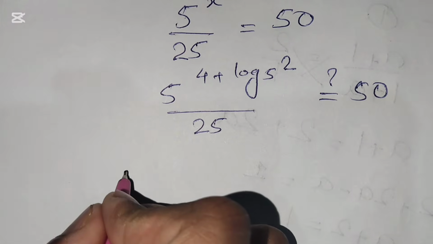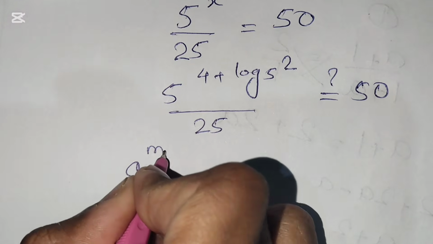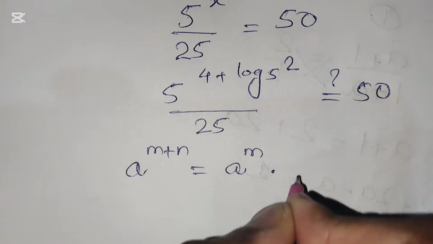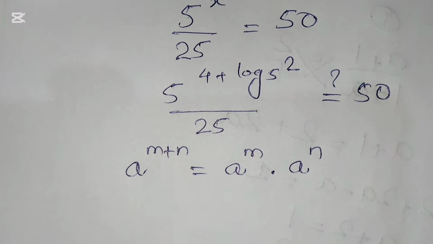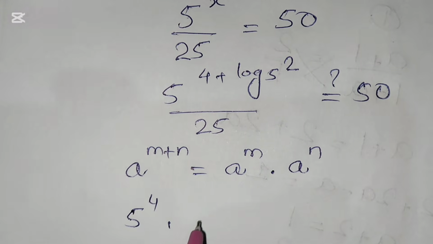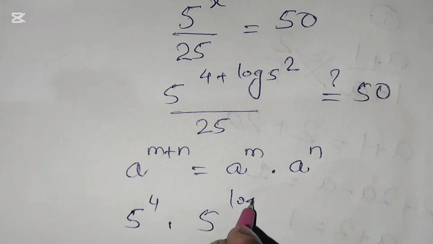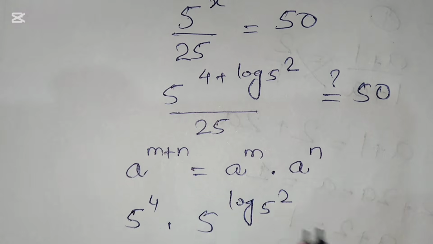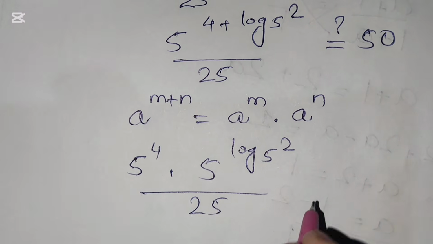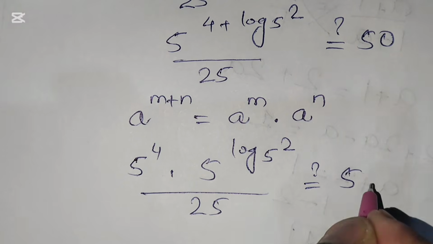Now we know that a power m plus n can be written as a power m times a power n. So it will be 5 power 4 times 5 power log of 2 with the base 5 over 25 equals 50.